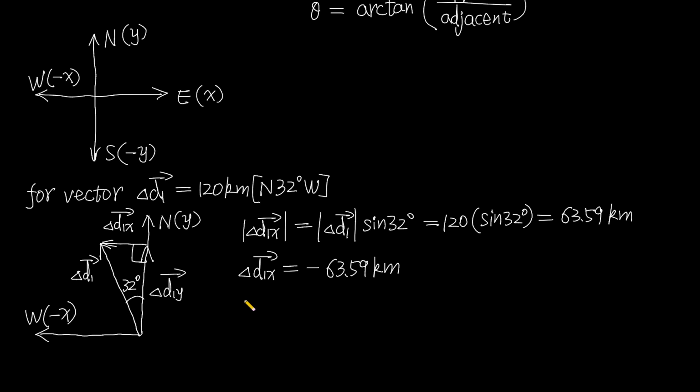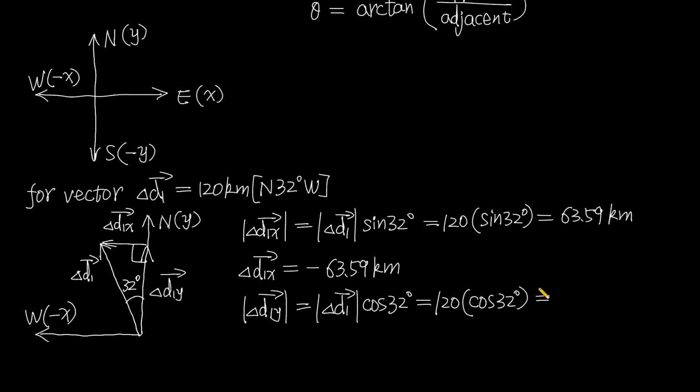Now we also know that the magnitude of vector delta d1y just equals the magnitude of vector delta d1 multiply cosine 32 degrees, and this equals 120 multiply cosine 32 degrees, and this equals 101.77 kilometers.